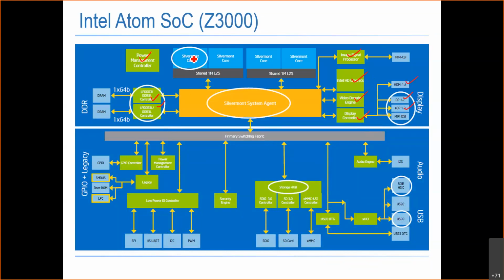We have one CPU core, two, three, four CPU cores, so 4 cores, and 2 megabytes of level 2 cache. And then we have other things here as well: GPIO controller, boot ROM, legacy controller, SPI, UART, I2C, PWM, SDIO, SD card, eMMC, USB on the go, USB 3, USB 2, I2C, and an audio engine, and this is I2S, which is for sound.